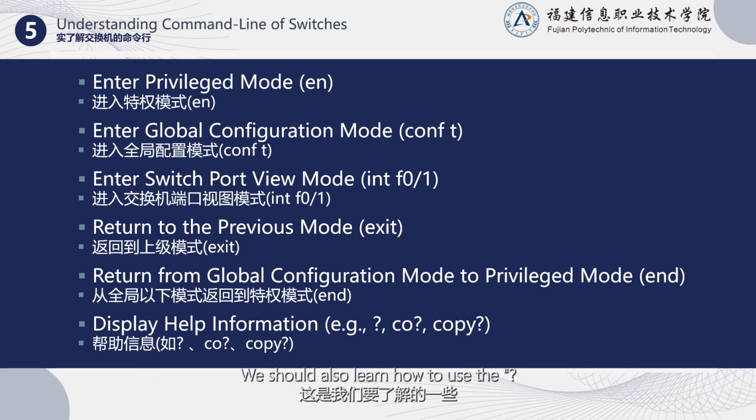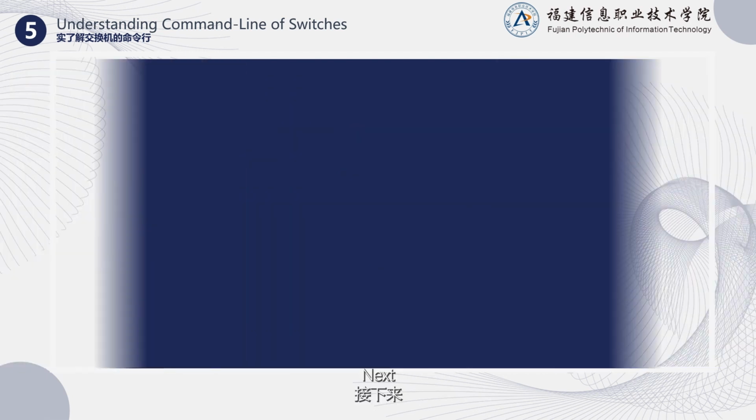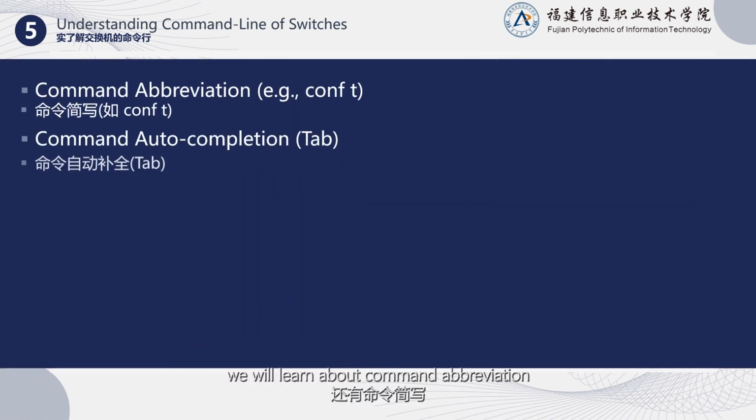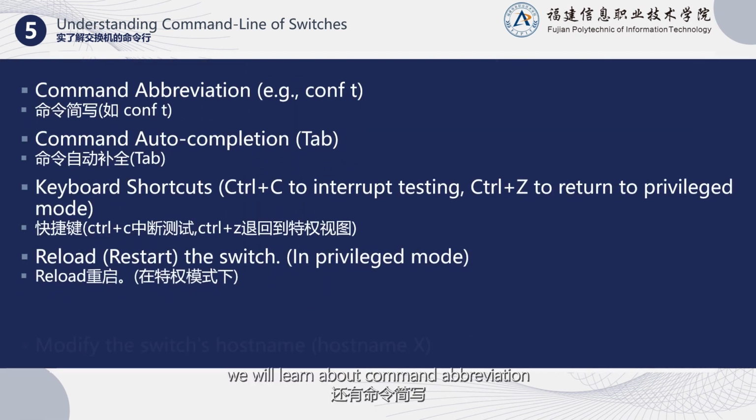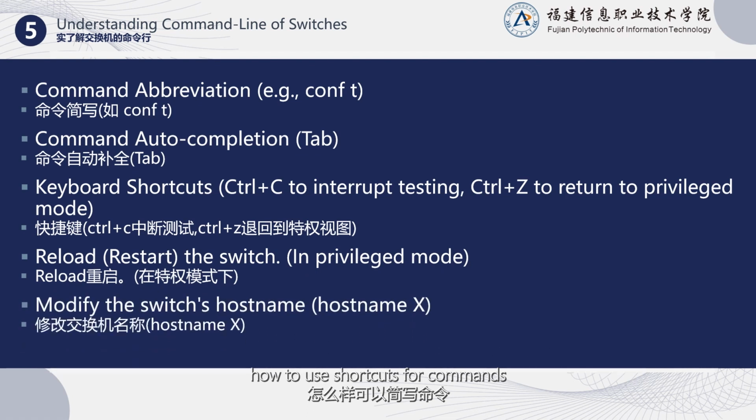We should also learn how to use the question mark key for getting help. Next, we will learn about command abbreviation, how to use shortcuts for commands, and how to complete commands using the tab key. We will also explore the functions of the shortcut keys Ctrl+C and Ctrl+Z.